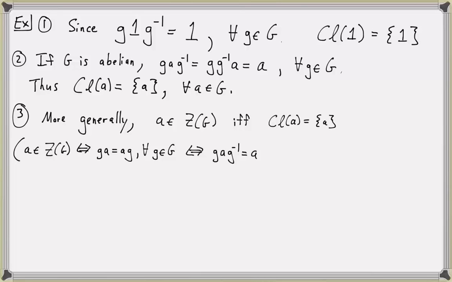So we see that G A G inverse equals A for all G in the group, and this is true if and only if the conjugacy class of A contains only the element A. So we see that A is in the center of G if and only if the conjugacy class of A contains only the element A.